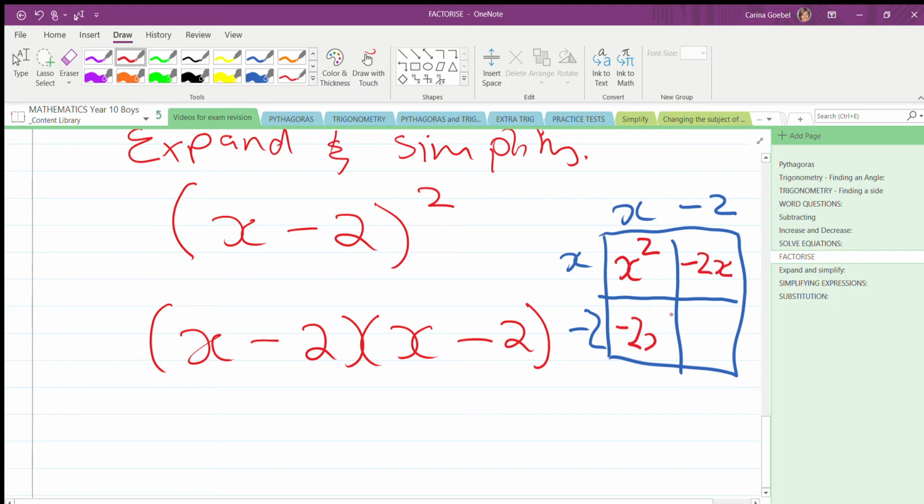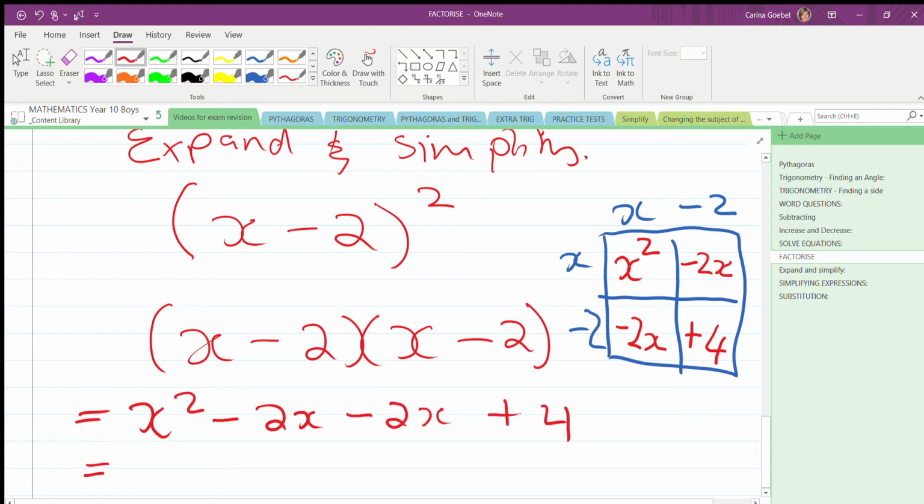Please be aware of the signs. Minus and a minus makes a plus. 2 times 2 is 4. That means you have got left x squared minus 2x minus 2x plus 4. So that leaves you with x squared minus 4x plus 4.